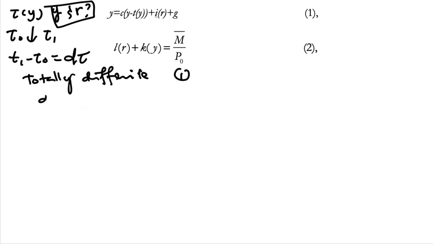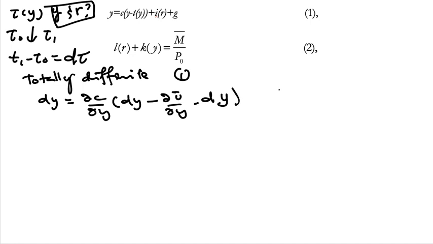Okay, and then you get dy equals ∂C/∂Y dy. This one you have to be very careful. You look here, ∂T/∂Y dy, plus ∂I/∂r dr, plus dG. I call this one 1a.